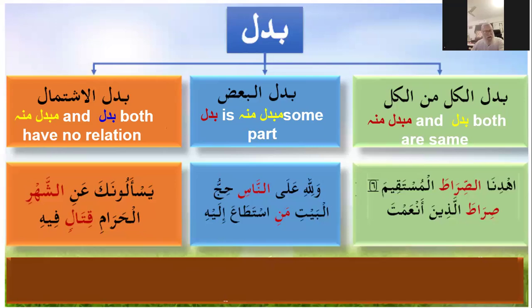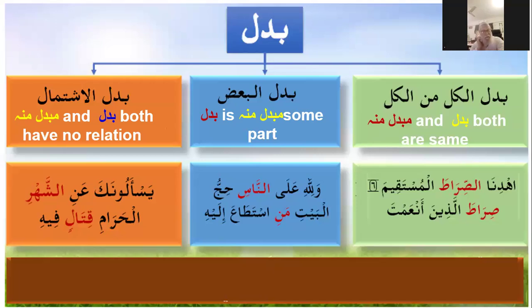Qital is not the zarf. It is an ism, of course, just like ashhar is an ism, but qital is a different category and ashhar is a different category. So when the two come from different categories, we call it badle ishtimal.